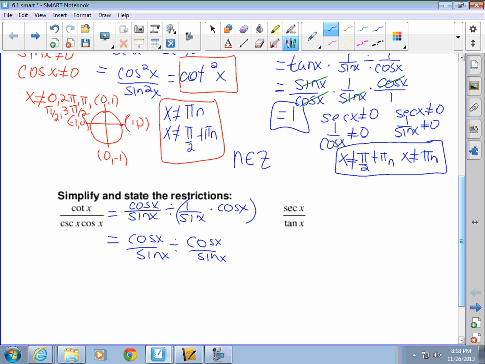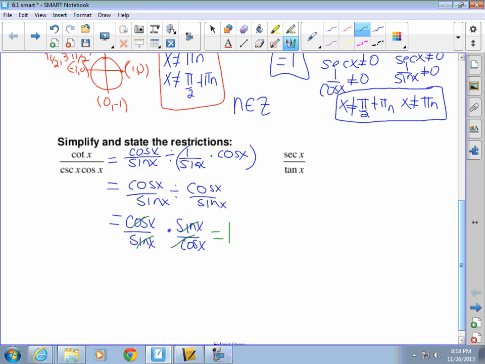Whoops, I put a 6 there instead of a sine x. So now when I do my multiply by the reciprocal, sine x over cos x, and I do my cancels, cos and cos, sine and sine, so this equals 1.